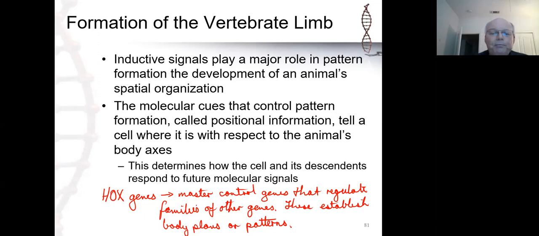And so the vertebrate limb, and particularly the chicken limb, has been studied quite a lot. The wing itself has been the subject of a lot of study. And the reason why is because it's very easy to manipulate chick embryos inside the egg. You can cut a window into the shell and tease aside the interior membrane, the chorion, without disrupting the development of the embryo.